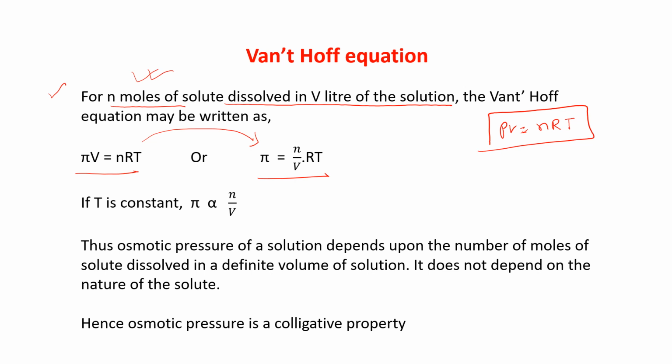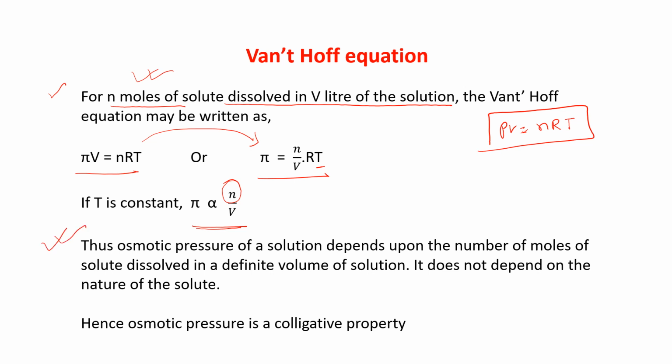n by V RT. If T is constant, R is also constant. So I can write here pi is proportional to n by V. Thus, osmotic pressure of a solution depends upon the number of moles of the solute.